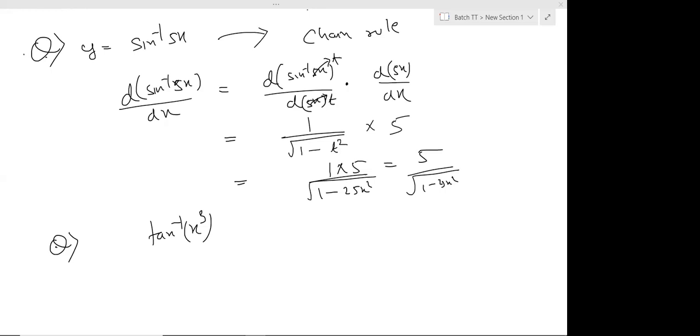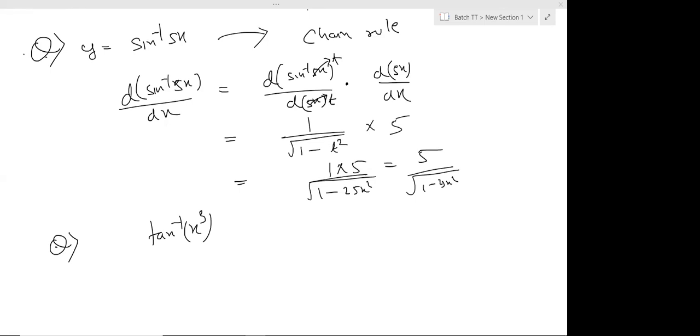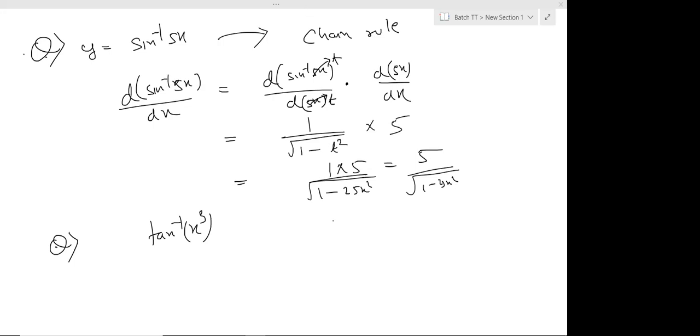Sahel, please send me the answer, or you can speak the answer. Just tell me what is the answer. 3x squared upon 1 plus x raised to 5.